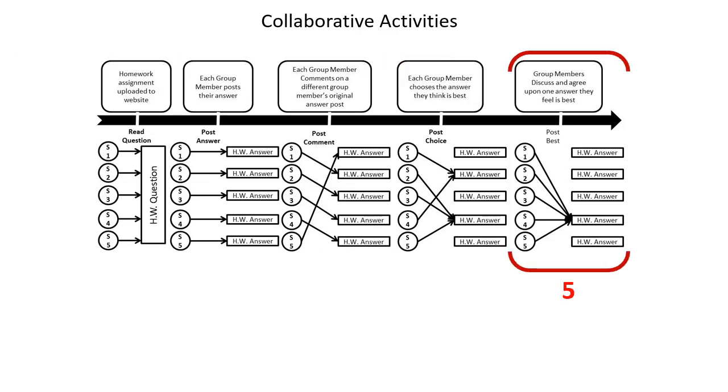Finally, all of the group members would discuss and choose a single answer from their group as their group's best answer. This answer would then be shared with the class in an in-class activity later in the week.